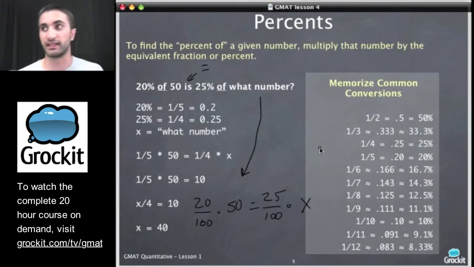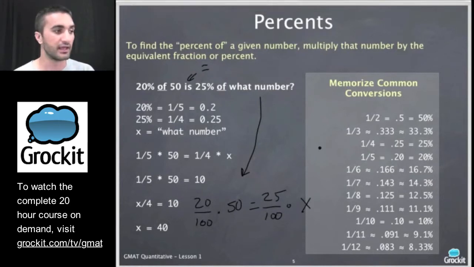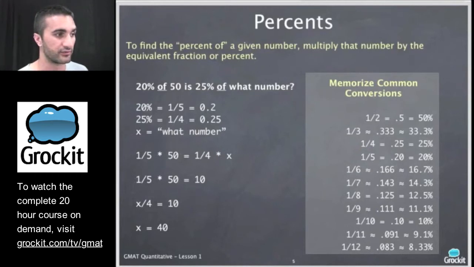So I've translated the English that the GMAT gave me into a simple algebraic equation without too many variables or too many nasty numbers that I can process really quickly. Great.